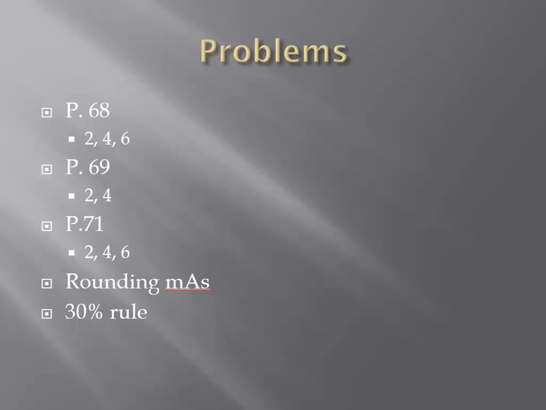What is our new mass? Whenever we're working inverse square law, most of the time that's going to be in mR or some sort of exposure, sieverts or rems or something besides mass. So mass is always going to be direct square law, and it's change in mass as opposed to change in radiation exposure.